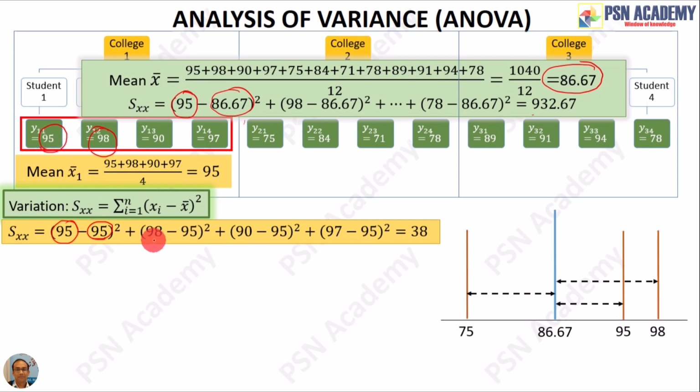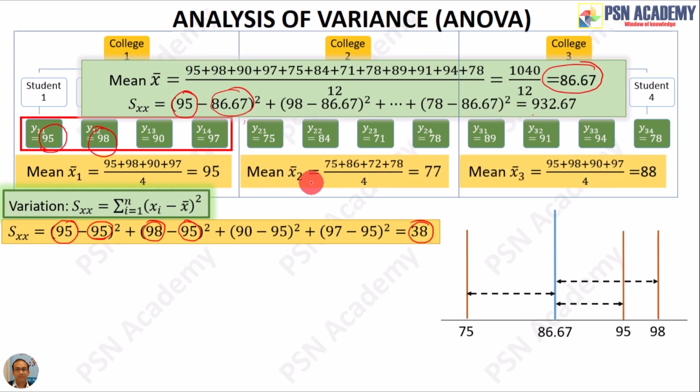Then you find out 98 minus 95, that is the data point or the score of the second student, y12, and this is the mean. You find out the gap and square it. In this way, if you have this summation, you will get 38. So 38 is the variation of college 1.